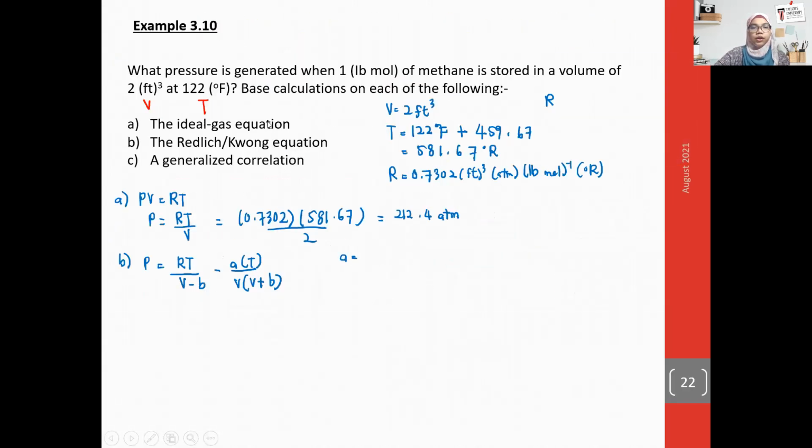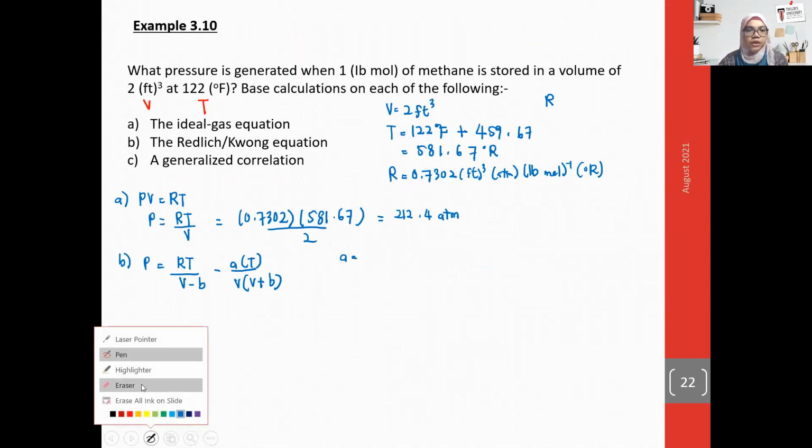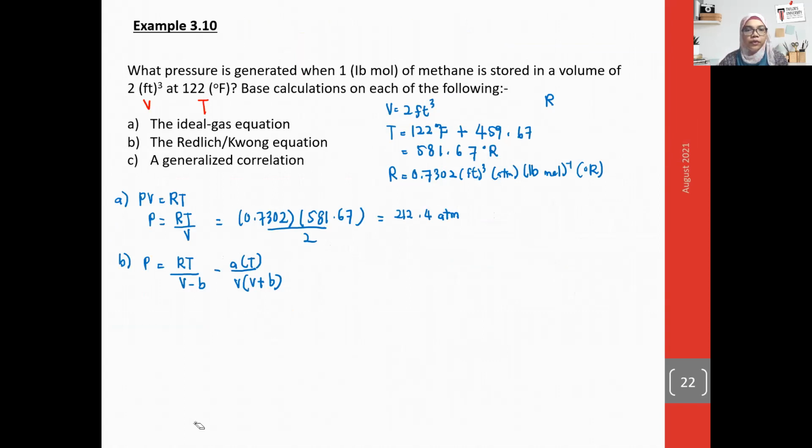So first, we need to define A. So we need to define the TC and PC first. How can we define the PC and TC? You need to refer to your appendix B1.